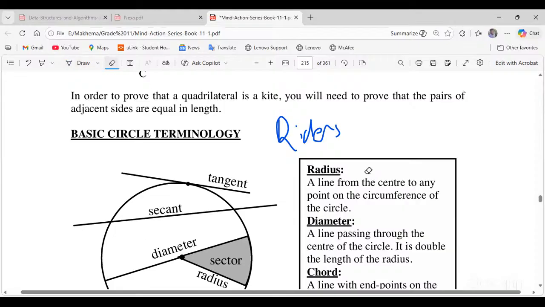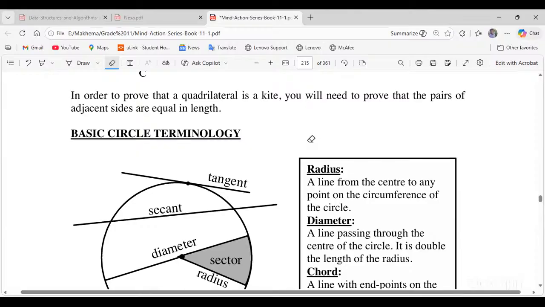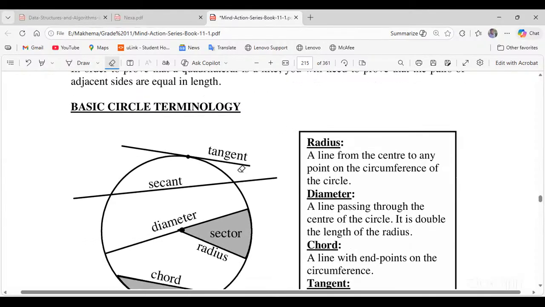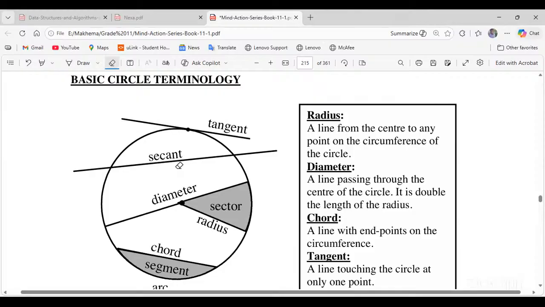Before we can dive into riders, the problems consisting of circle Euclidean geometry, let's just remind ourselves of the circle and parts of the circle. We have a circle here and some parts of the circle with their definitions on this side.